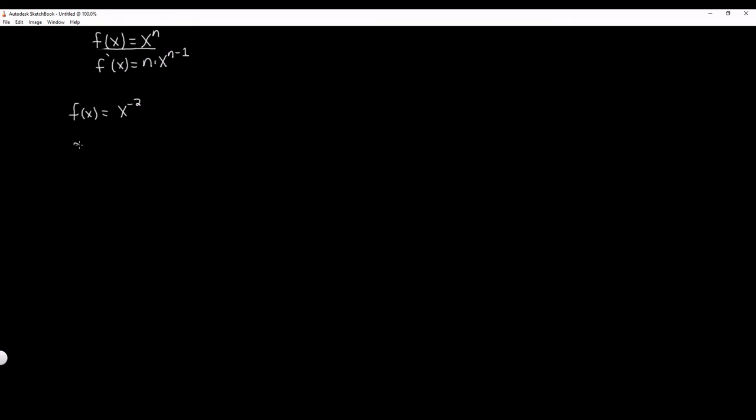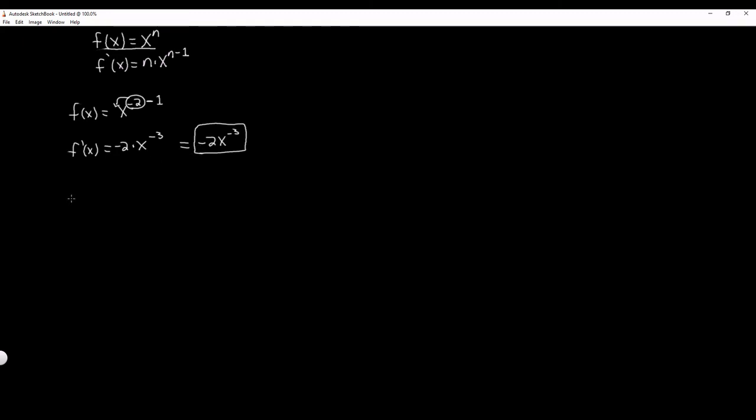So f prime of x, or the derivative of f of x, is going to be equal to, we take the exponent and we move it out to the front. So this is going to be negative 2 times x, and then we subtract 1 from negative 2. So negative 2 minus 1 is just negative 3. And if we simplified this by multiplying, this will be negative 2x to the negative third power. That's the derivative of this function.